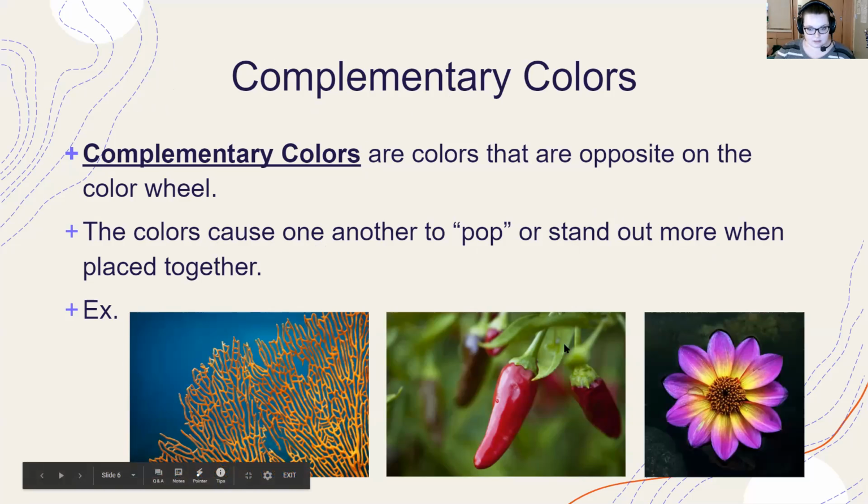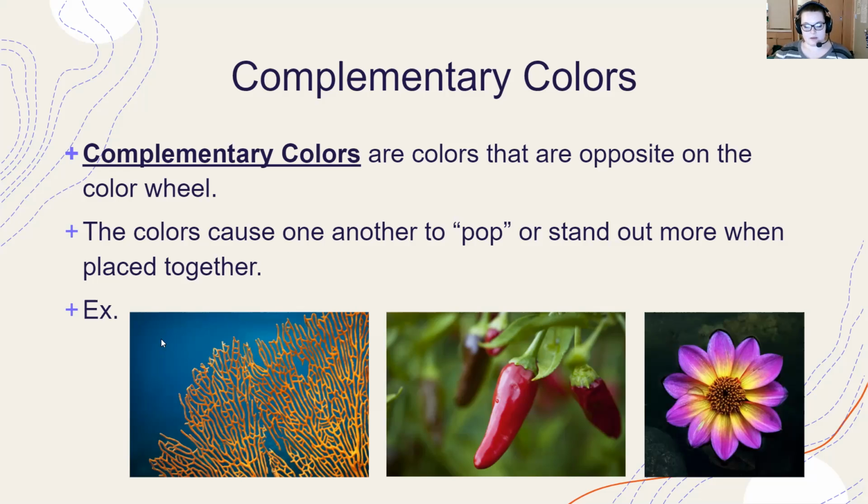For example, look at these colors down here at the bottom. These are the main complementary colors. By that I mean they're the ones with the primary colors in them. So the first one we have down there is the blue with orange. Those are complementary colors.